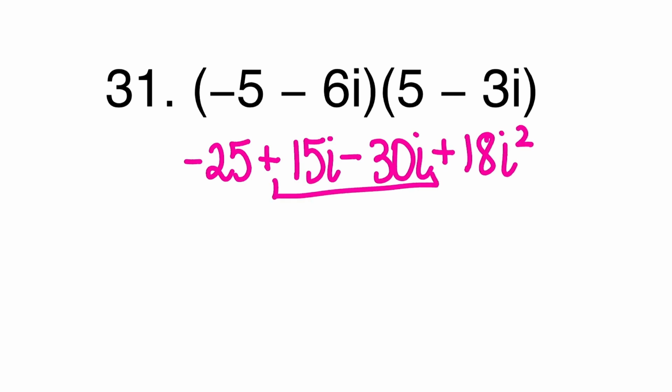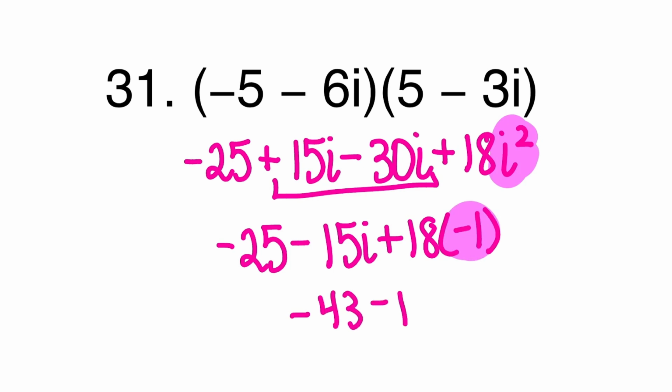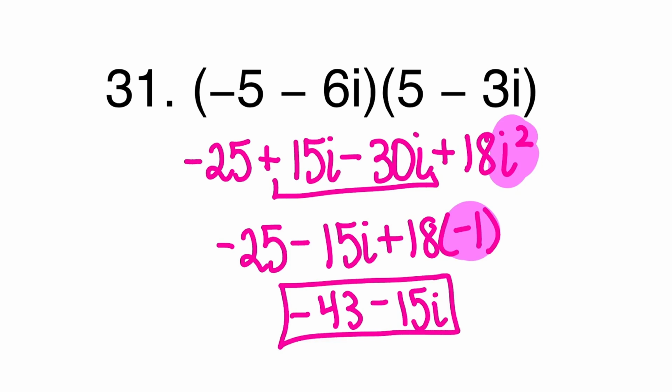Combining like terms is going to yield negative 25 minus 15i plus 18 times negative 1, because remember that i squared is negative 1. So negative 25 minus 18 will be negative 43 minus 15i. And that's our final answer.